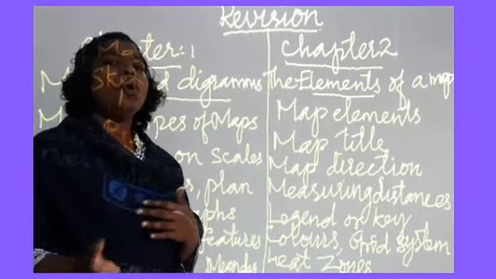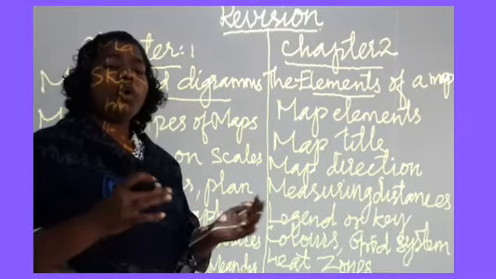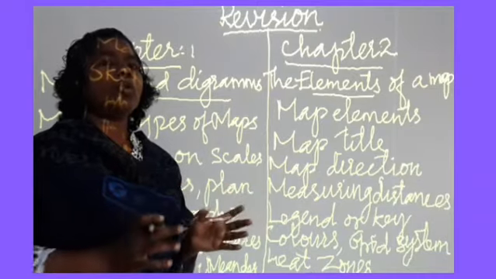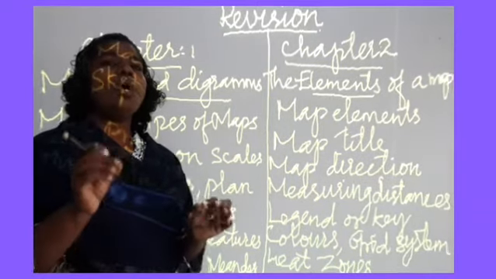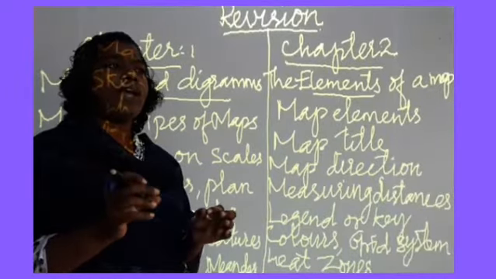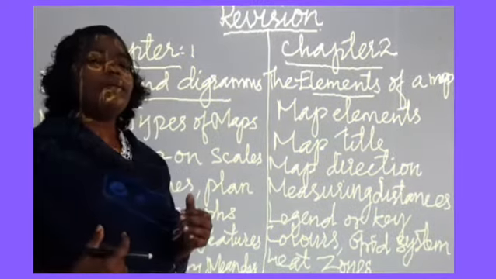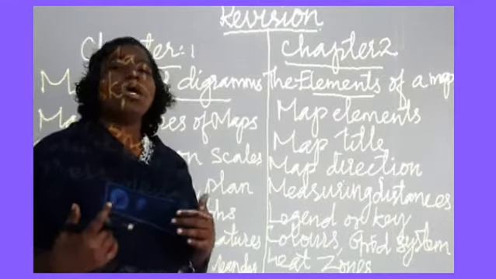advantages of globes and maps? A globe shows the replica of the earth. It is the true model of the earth. Even small areas can be identified with the help of a map, whereas in a globe we cannot identify the small areas.